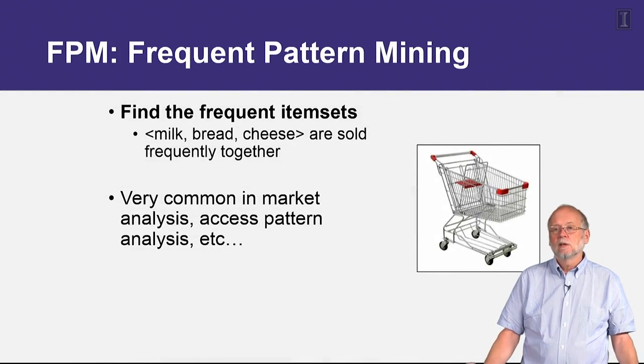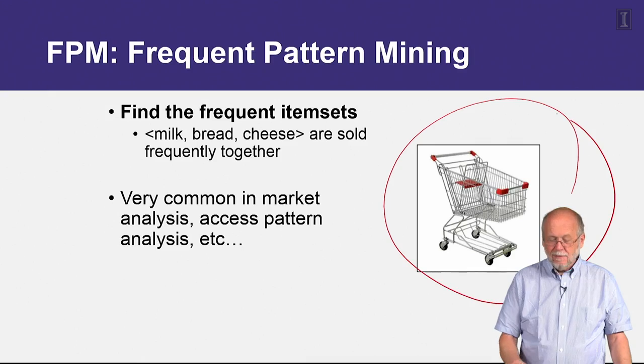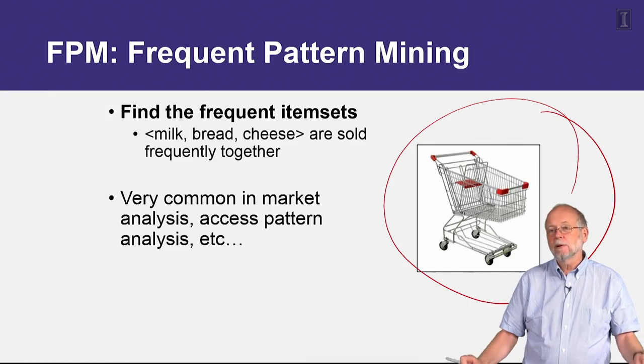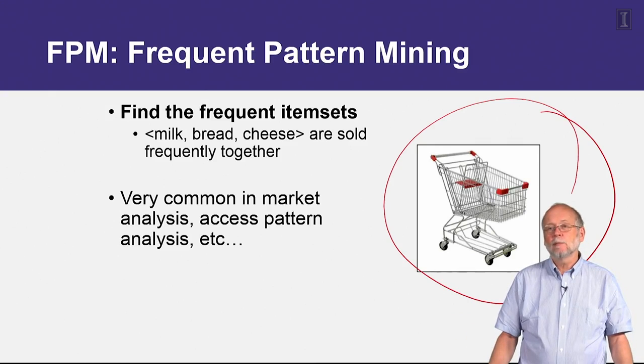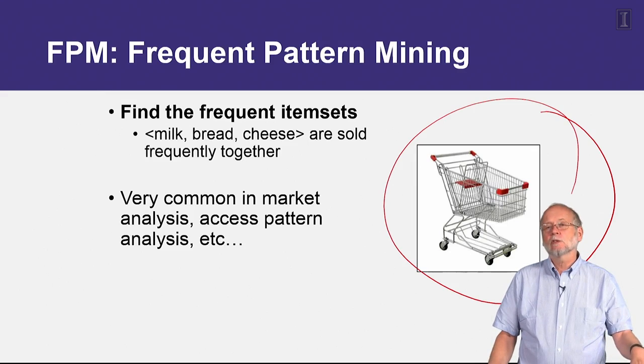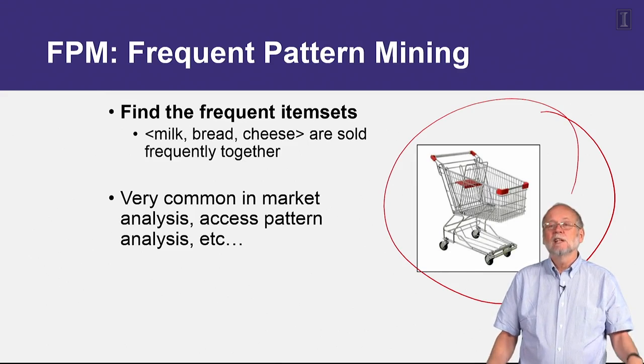And last, frequent pattern mining. Here we've got shopping cart. You go and you're going to buy things. What we can do is identify what people actually typically buy. So they might just go in and buy milk, bread, cheese, and then they might have some extra items around it. Trying to identify what are the common items.